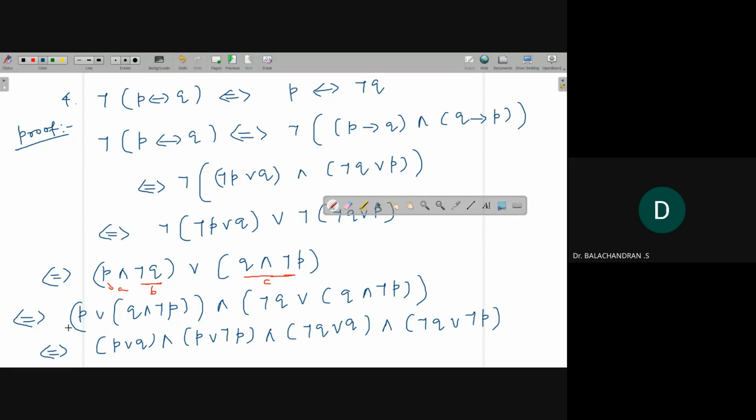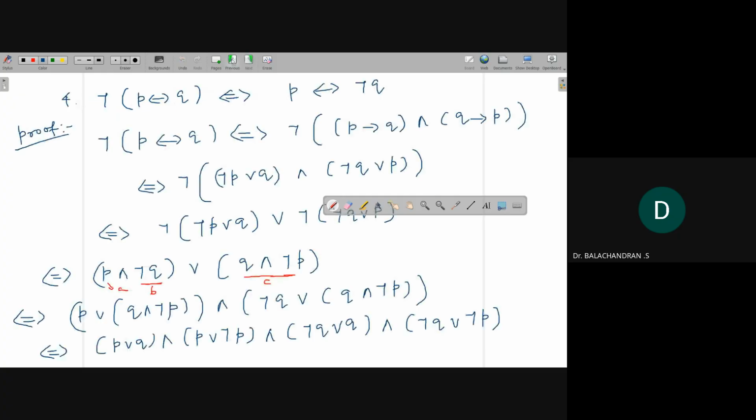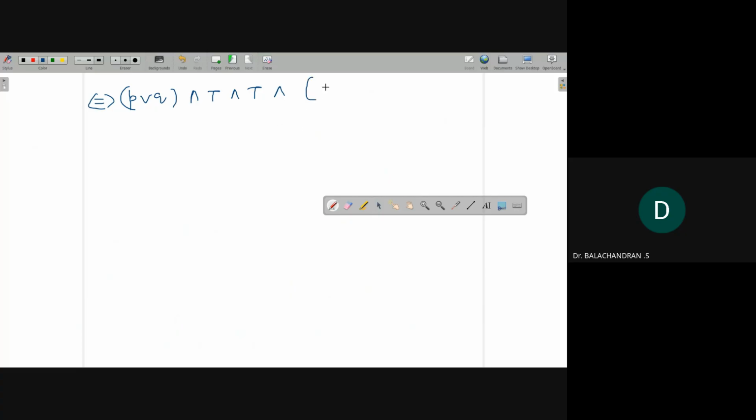Okay, so now the next step I'm going to write this as it is, there is no change. This is true. This is also what? True. So I'll keep this one as it is. So which is equivalent to P or Q and T and T. Again and negation P or negation Q by the commutative law.